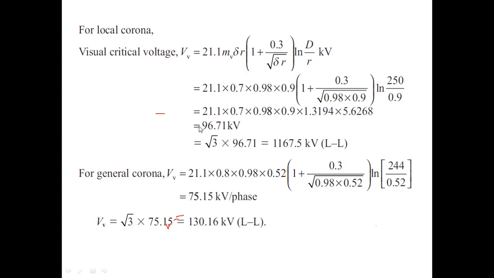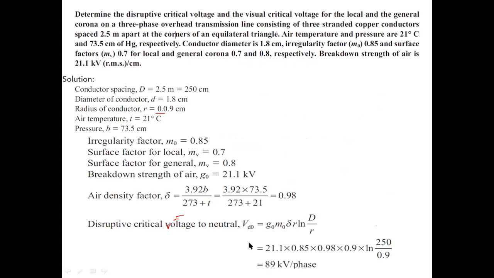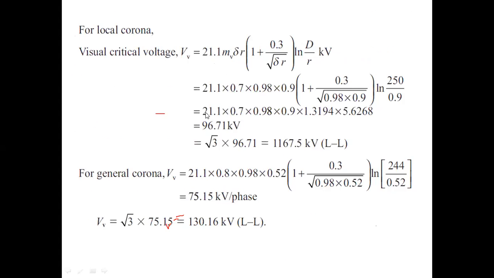Look, the VV is greater than V naught for the same environmental conditions. V naught is 89, meaning the chances of corona here are higher as compared to this.